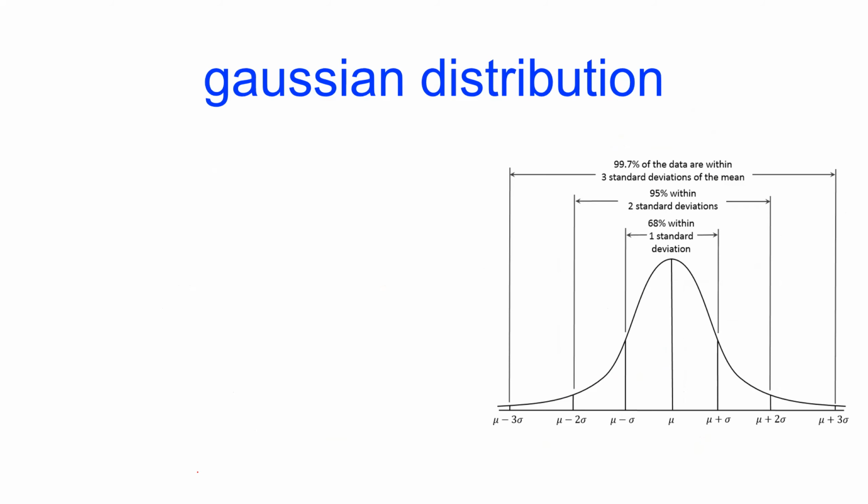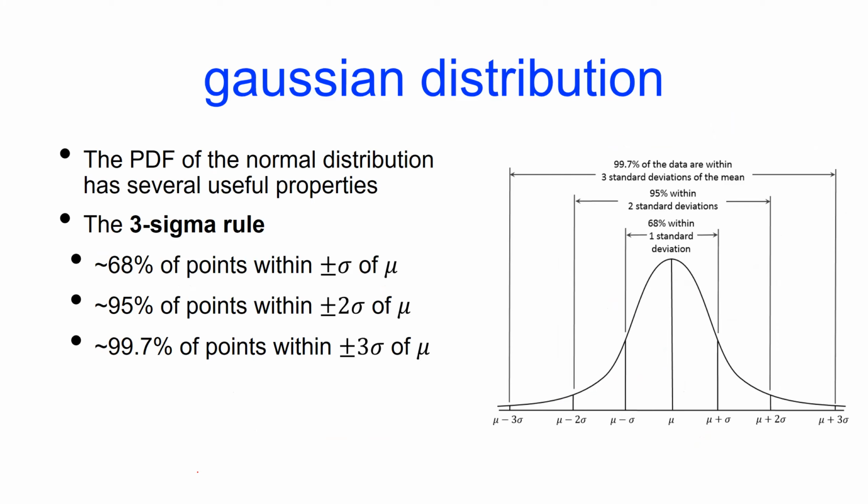Okay. So what we know is that 68% of points will be within plus or minus 1 standard deviation of your mean. So that means this area will contribute 68%.